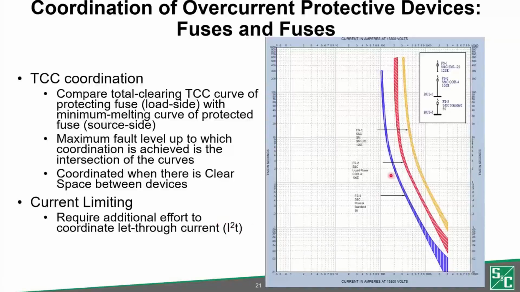But if you're coordinating a current limiting fuse with an expulsion fuse, for instance, you don't really have to worry about the let-through current because the expulsion fuse doesn't care about that. But if you have multiple current limiting fuses in series, that's something you definitely have to look at for your coordination.